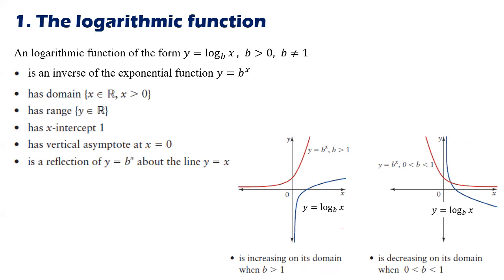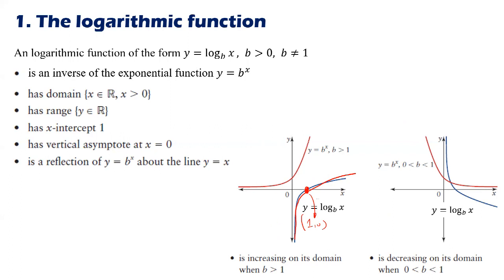So there are two cases of the sketch of the graph of logarithmic functions. If b is greater than 1, this function will be an increasing function like this. It crosses the point (1, 0). This is the point (1, 0).